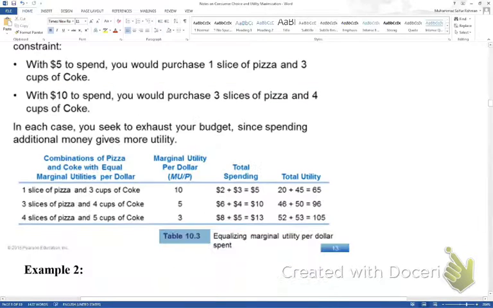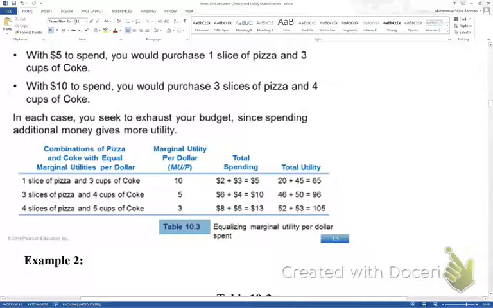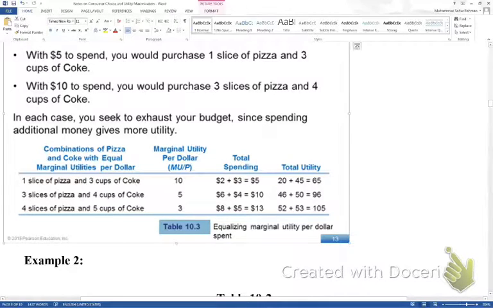If you think about the first consumption combination, which was 1 slice of pizza and 3 cups of Coke, their marginal utility per dollar was 10 in both cases. For the total spending, you figure out the total amount of spending on pizza, which is $2 times 1 slice, plus total spending on Coke, which is 3 cups times $1, or $3. So the total expenditure is $5.